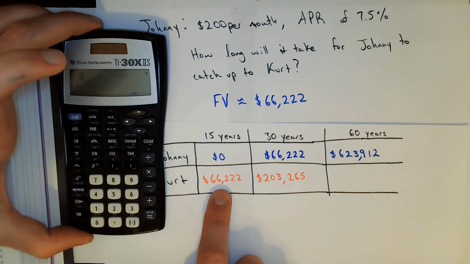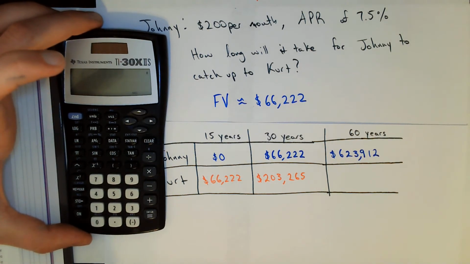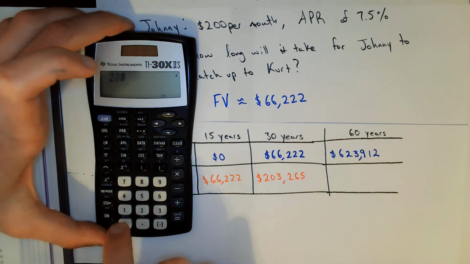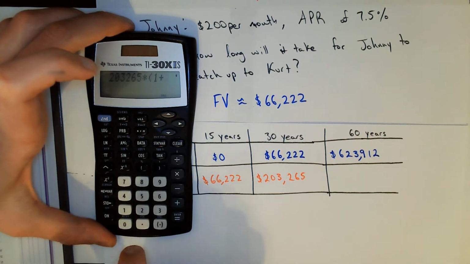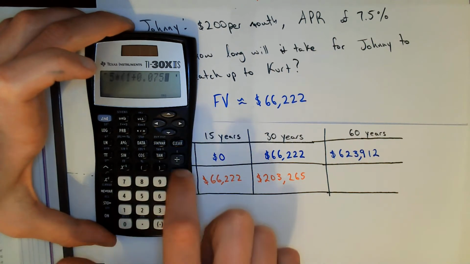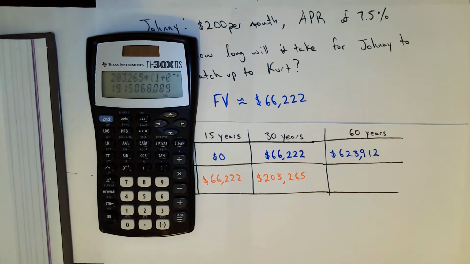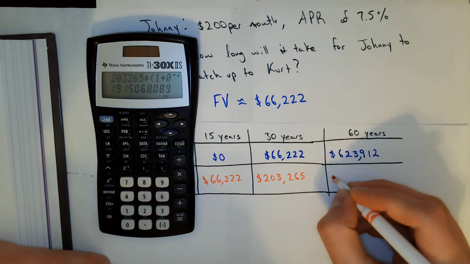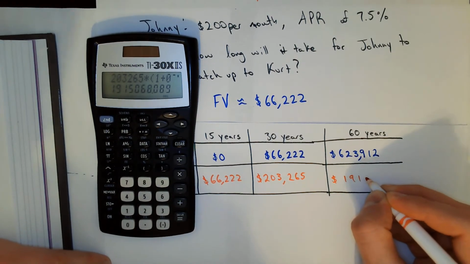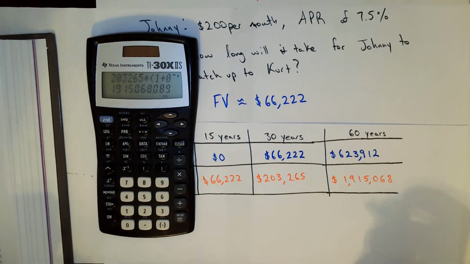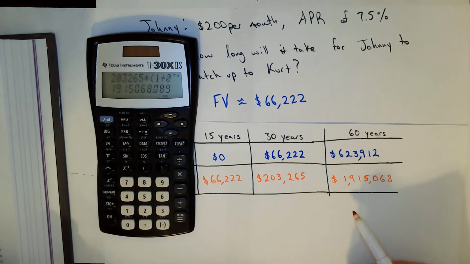Let's see what Kurt has. I can go based off of this number. This is his new principal. $203,265 times 1 plus 0.075 divided by 12 raised to the 12 times, again, the gap here is 30 years. And now Kurt has become a millionaire, right? 1,900,000, nearly $2 million.